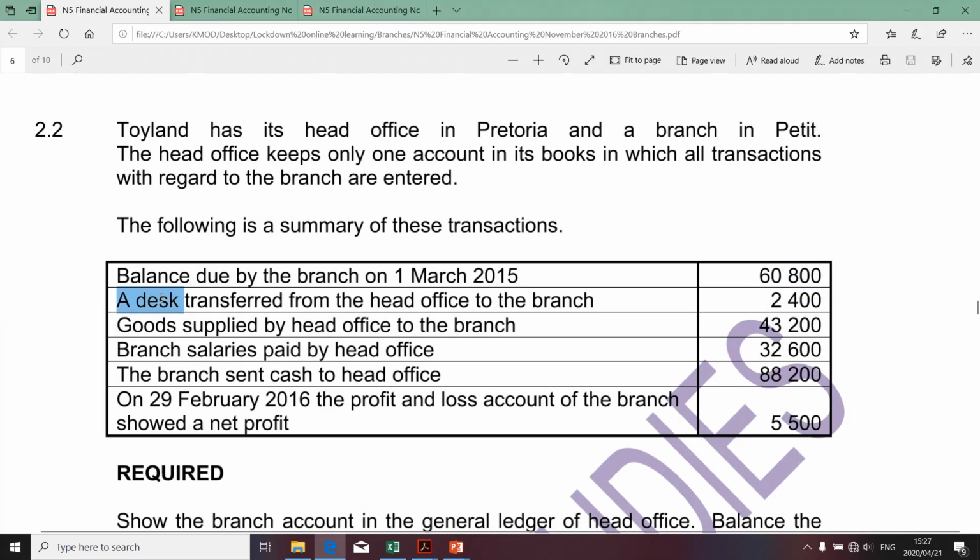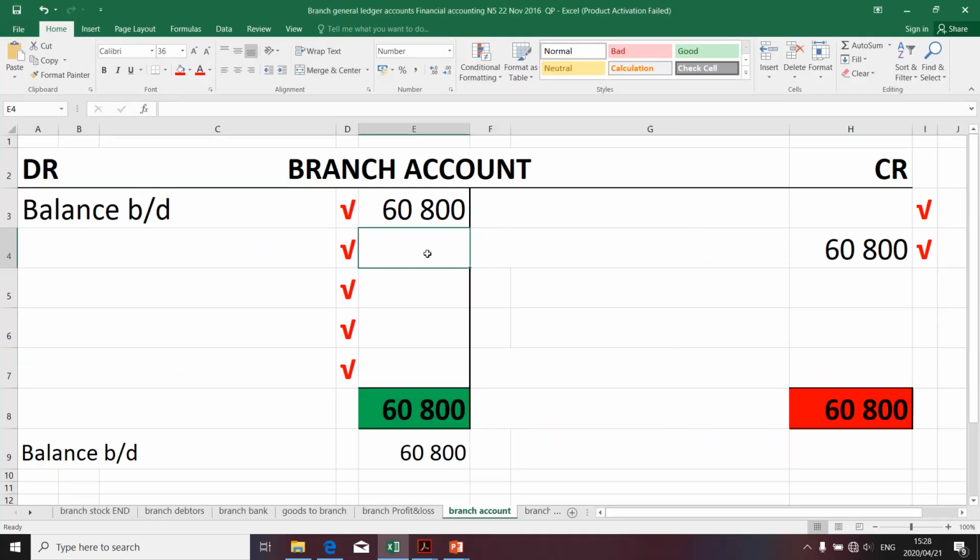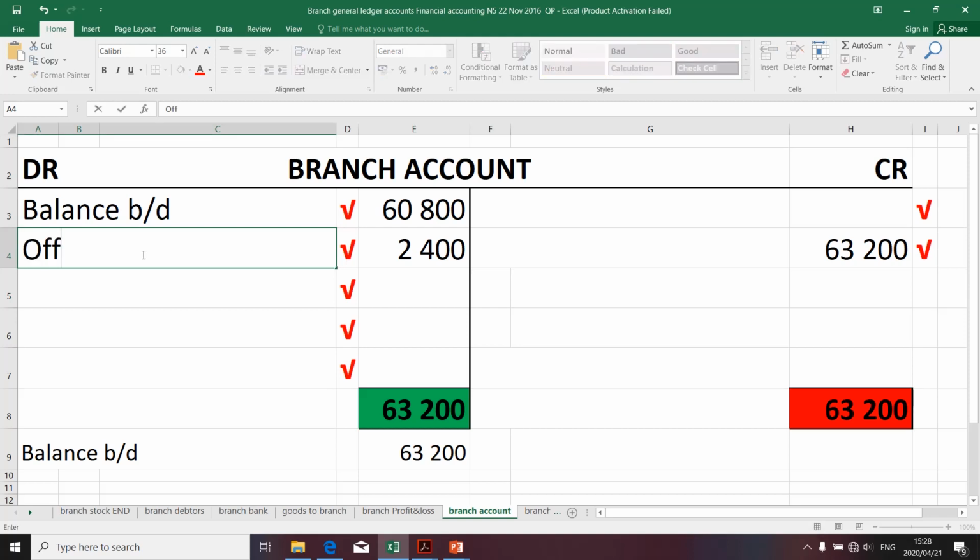I'm going to tackle the next transaction, which relates to a transfer of a desk from the head office to the branch. We're going to take that to the debit side of the branch account, because in this case, the head office is sending an asset to the branch. The contra account will be office equipment.